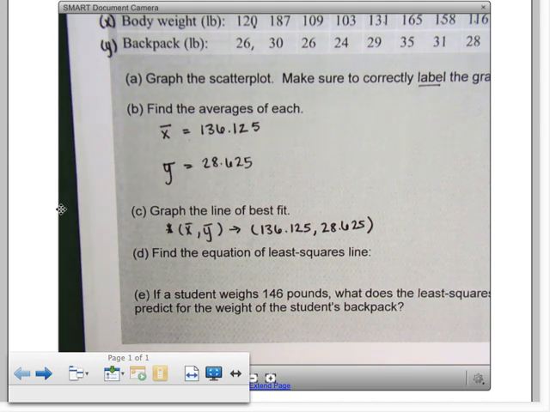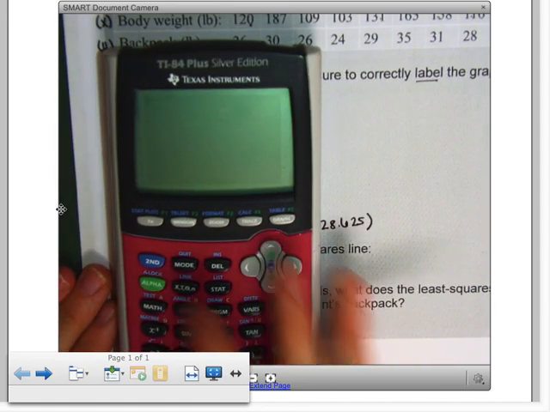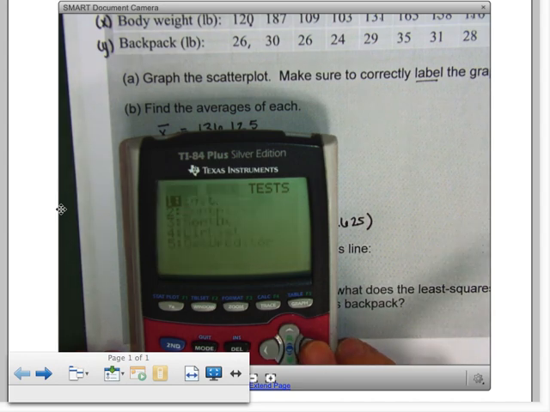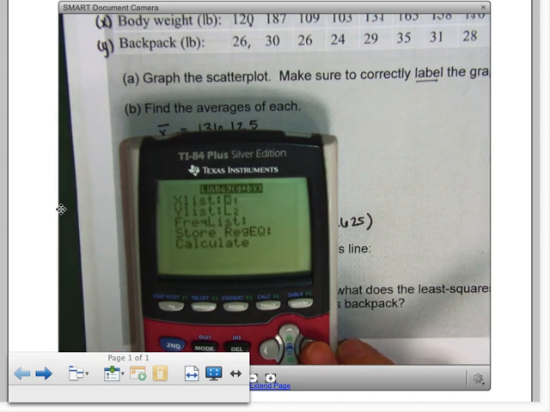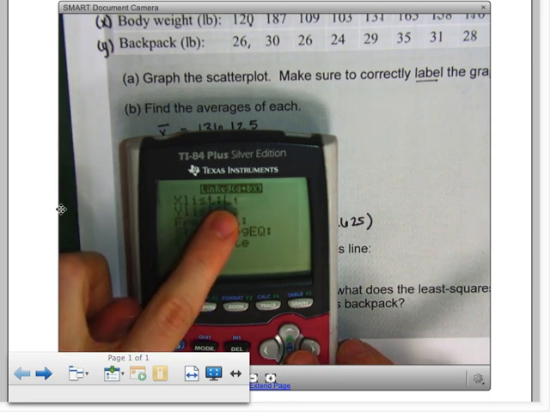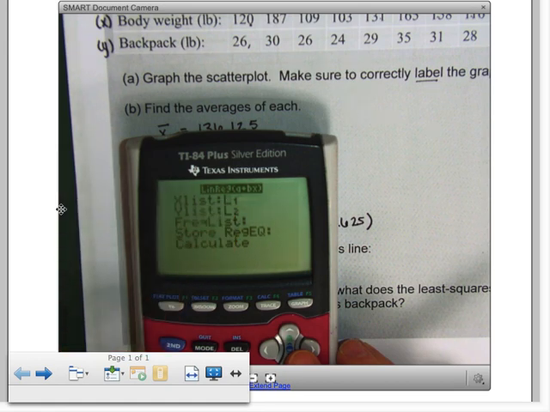So since everything is entered, on my calculator, I'm going to go to Stat, over to Calc, and then I'm going to hit number 8. Okay, so in my X list, it should say L1. If it does not, remember hit second 1. My Y list should say L2.